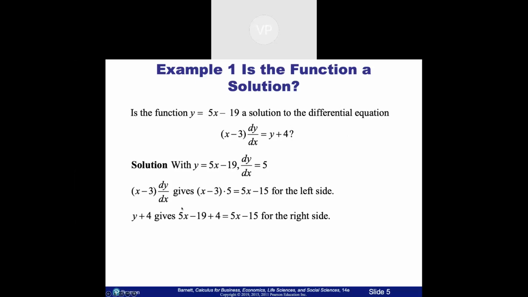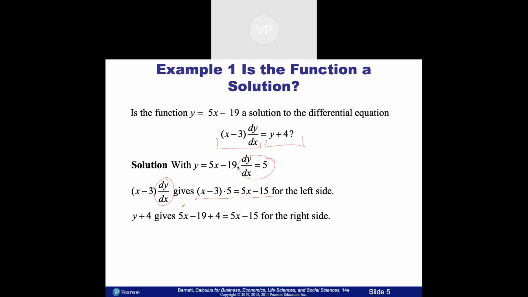I'm not a fan of the left and right terminology, but that's the way you're getting taught this in the book. This is what they mean: the left side and the right side right here. In the left side, you replace this in place of that. That's how they got this. And the left side is 5x minus 15.